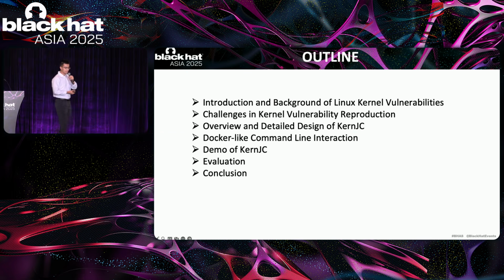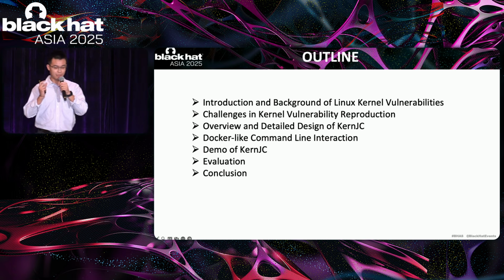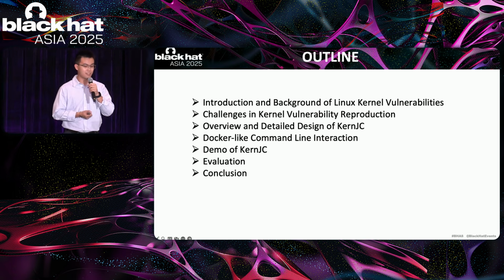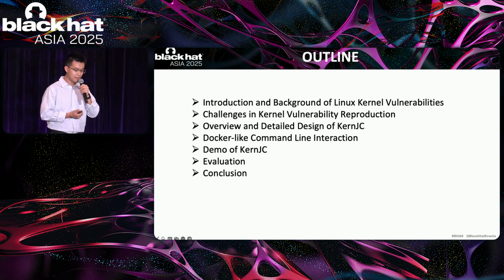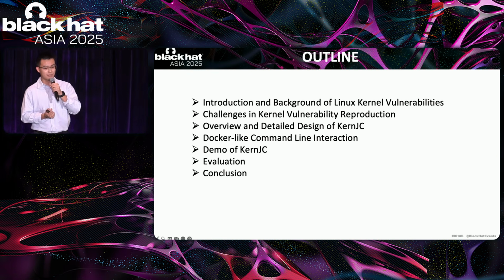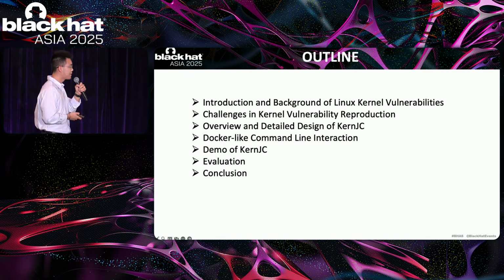Today we will go through all the contents. Firstly, we will introduce the background of Linux kernel vulnerabilities. After that, we will get familiar with the challenges in kernel vulnerability reproduction. Then we will introduce how we can solve these challenges by designing the tool, KernJC.